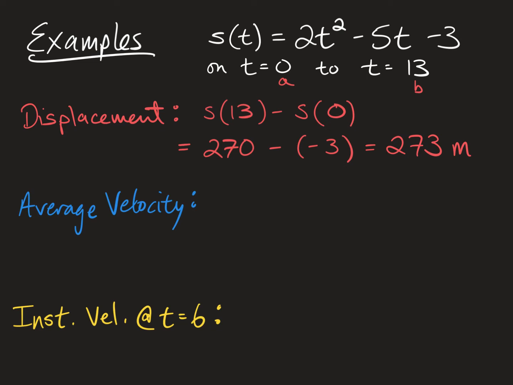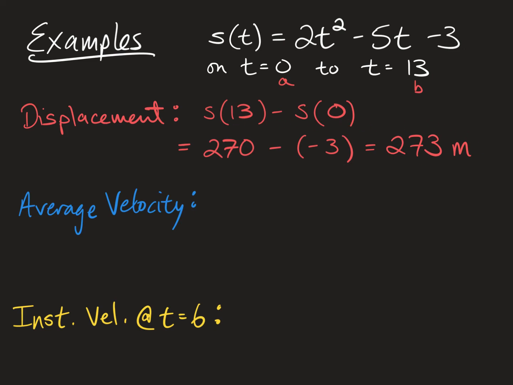Next, I want to find the average velocity from the time 0 to 13. In order to do that, we will need to find s of b minus s of a, which we've already done here, so I'm not going to worry about this calculation too much.